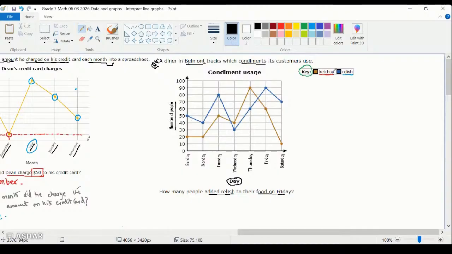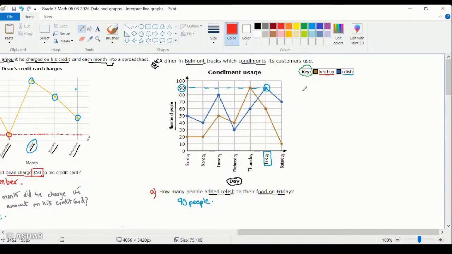Relish was in blue. On Friday, how many people added relish? What would be this value? We can say 90 people. Agreed? 90 people added relish to their food on a Friday.